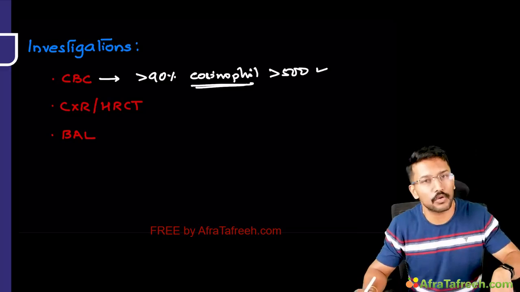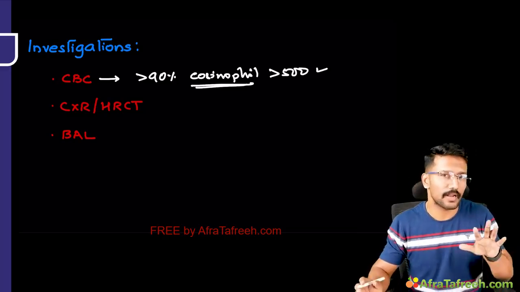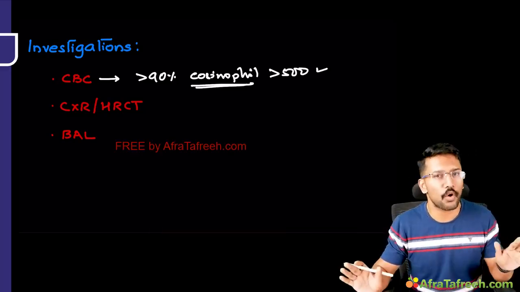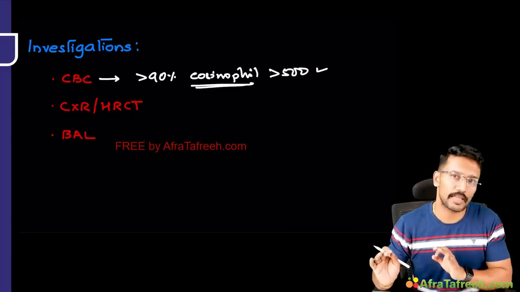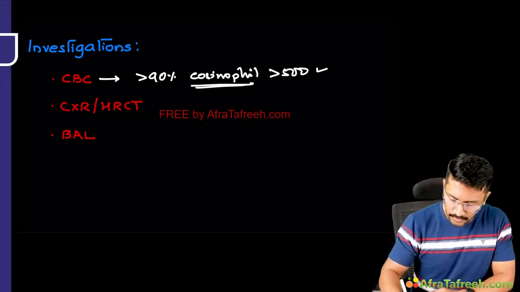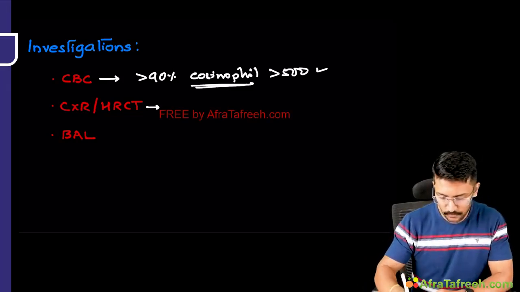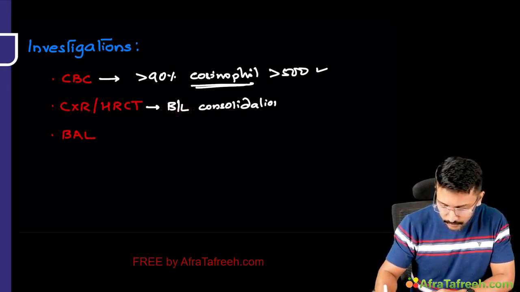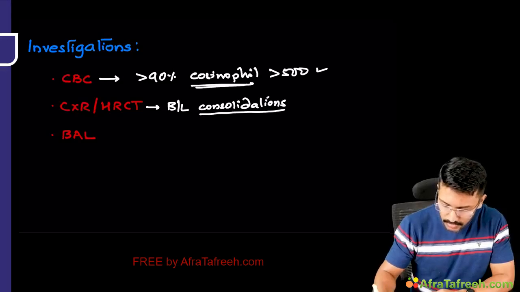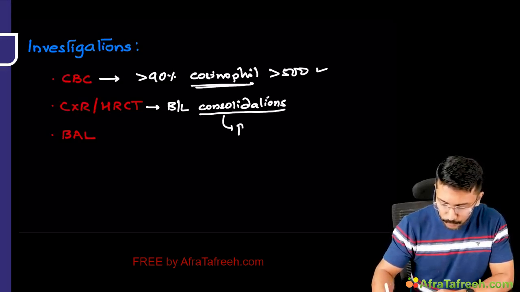When we were talking about acute eosinophilic pneumonia, I told you that at presentation, the majority of them do not have peripheral eosinophilia. In chronic, they have it at the time of presentation itself. Okay. When we do the chest X-ray or HRCT, we will see bilateral consolidations and infiltrations. And we have to remember, when I say consolidations, these consolidations are pleura-based.